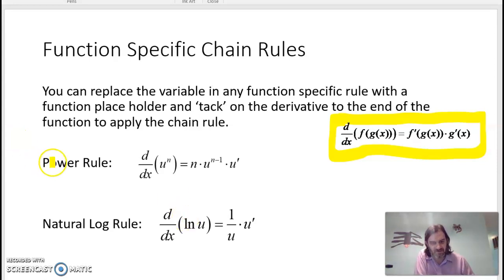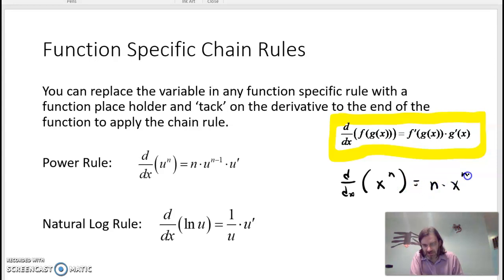So let's see here. Down here I have the power rule, let me rewrite it the way it usually is: the derivative of x to the n would be n times x to the n minus 1, where x is a variable. Well, I've come over here and replaced that x with u.